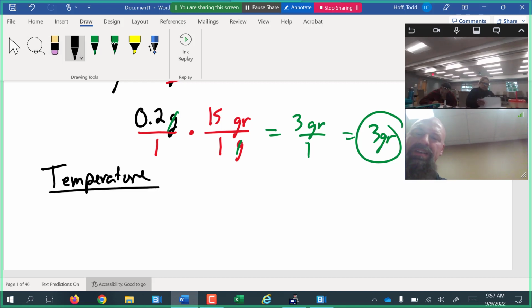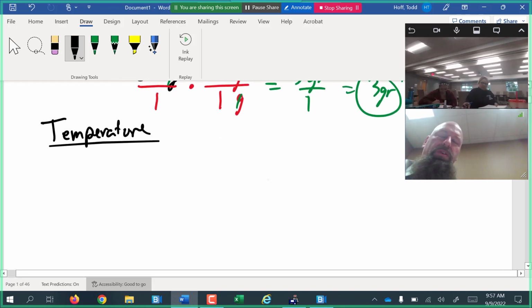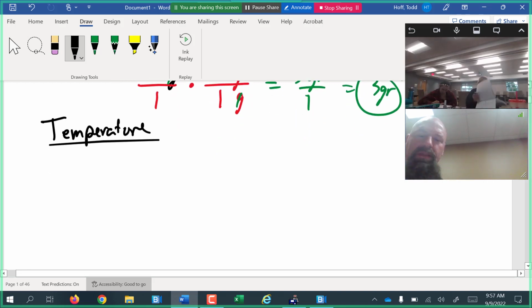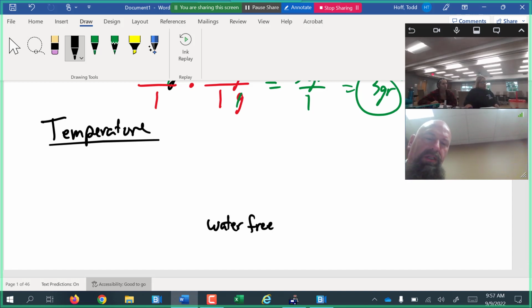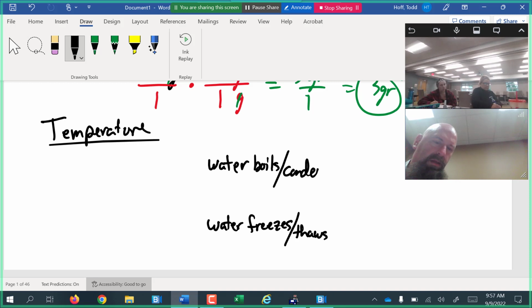So for temperature, we tend to go off of 2 basic benchmarks, where water freezes or thaws, and where water boils or condenses. And in the Fahrenheit system, which I'm not even going to try to spell, I'm just going to put degrees F here.